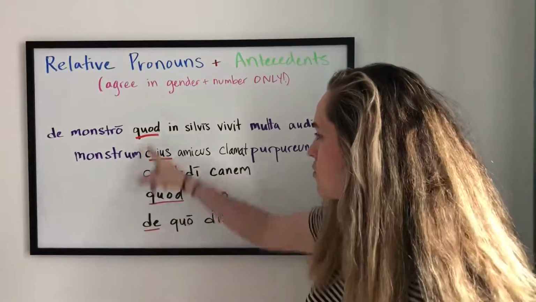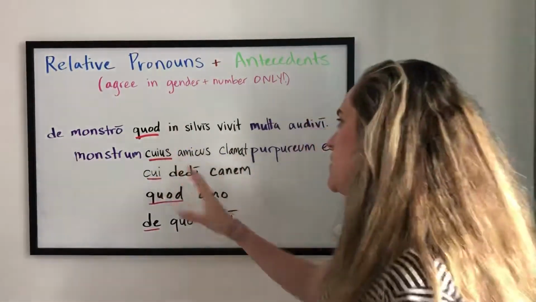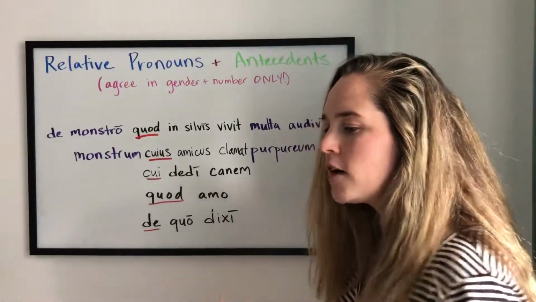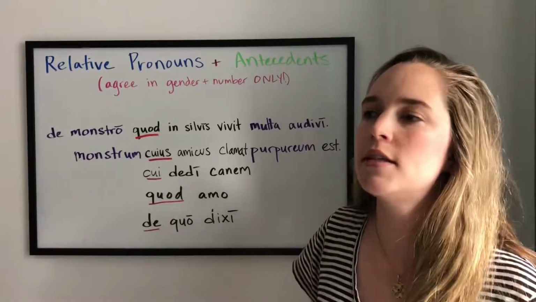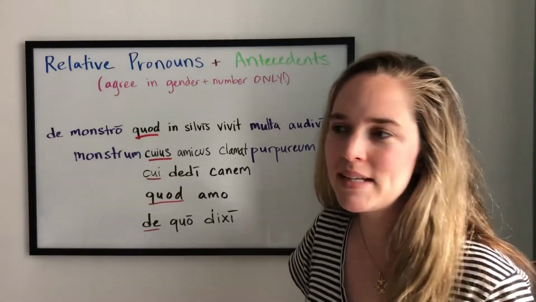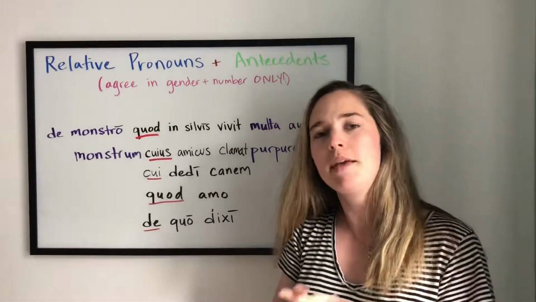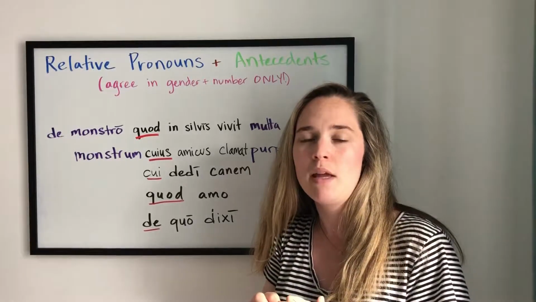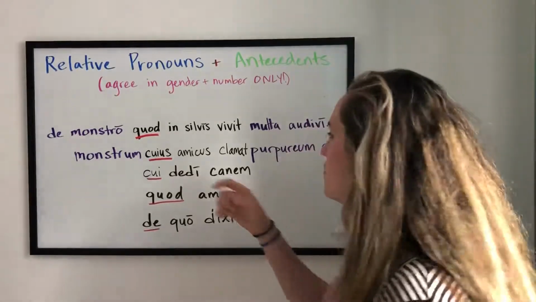Usually the relative pronoun will be the first word in the clause. The way you can tell in a sentence a relative clause apart from a main clause is that the main clause stands on its own as a sentence. The relative clause is like more description off of the main clause, but it's not required to make a full sentence. So a relative clause will A, begin with a relative pronoun, and B, it will be subordinate to the main clause. It won't be as important grammatically as the main clause.